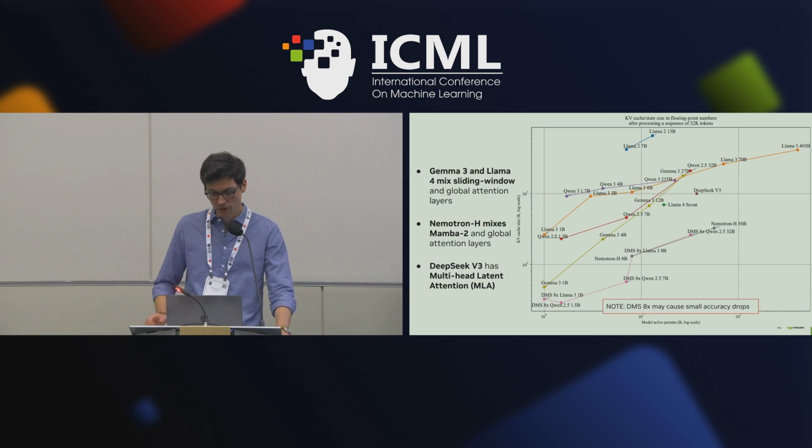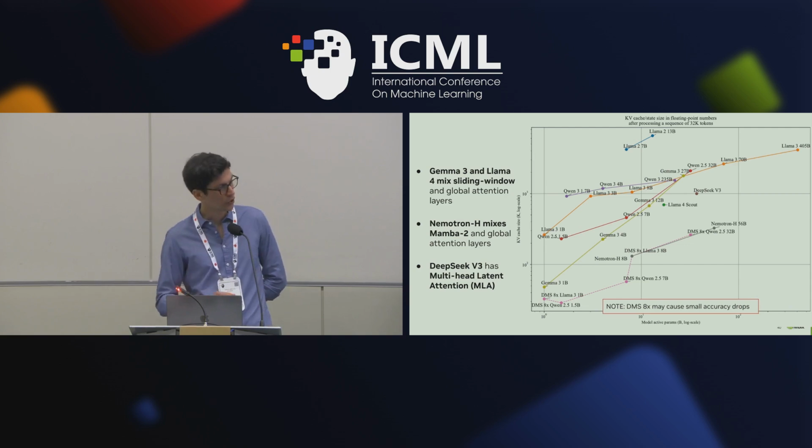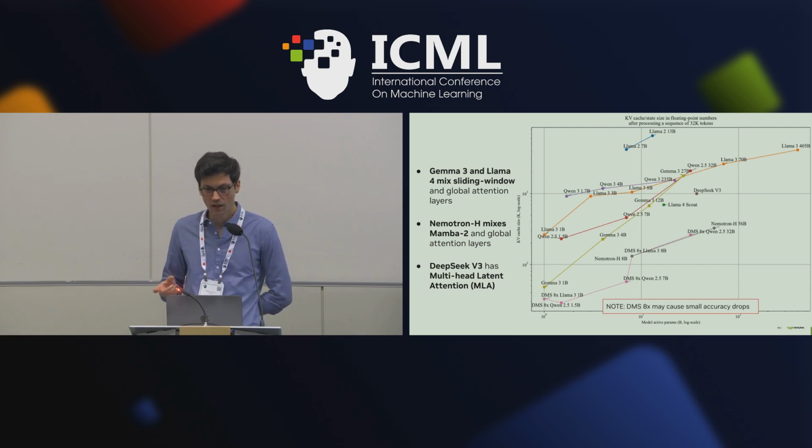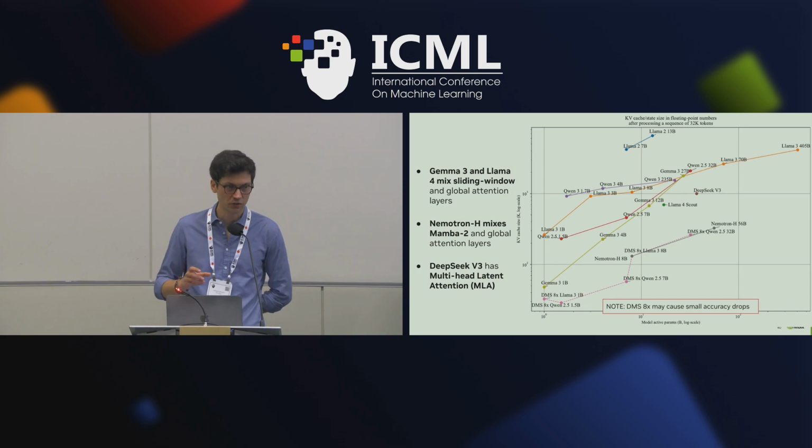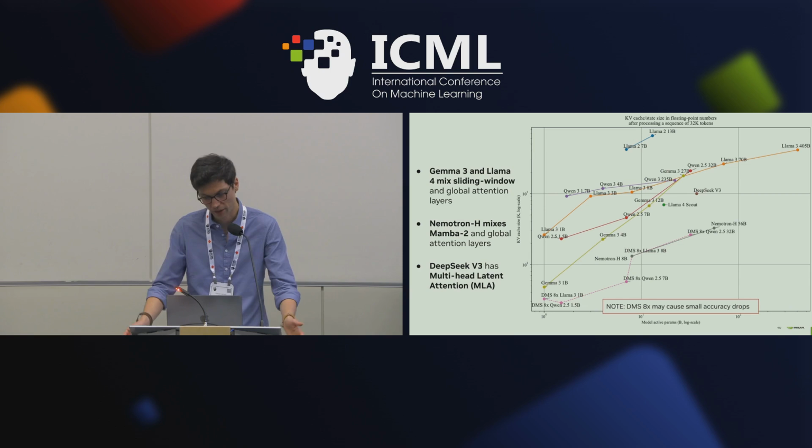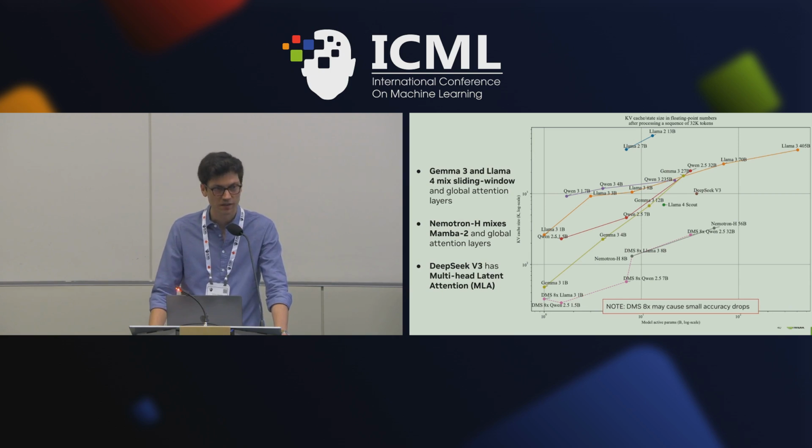Then you get a couple of honorable mentions. You get Llama 4 and Gemma 3, which interleave local and global attention. Local attention will have a smaller, constrained KV cache. Global attention will have, of course, the full KV cache. And on the bottom, you get Nemotron H, which is a hybrid model, SSM and transformer.